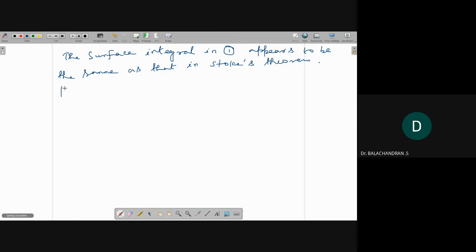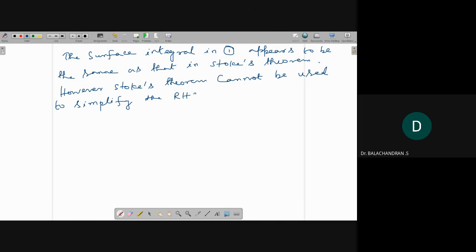However, Stokes theorem cannot be used to simplify the right hand side of 1, as S is a closed surface.